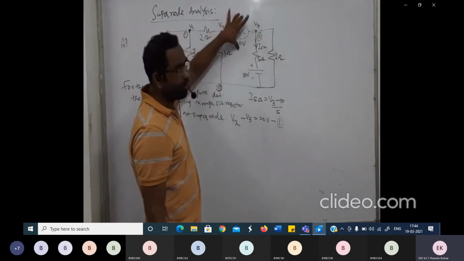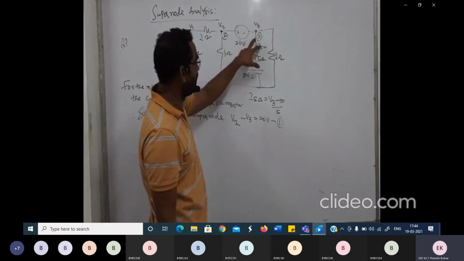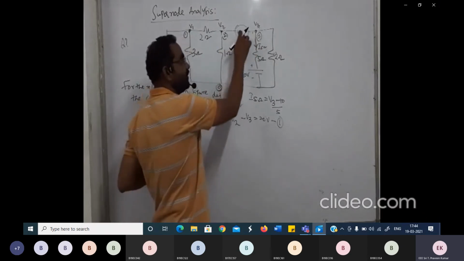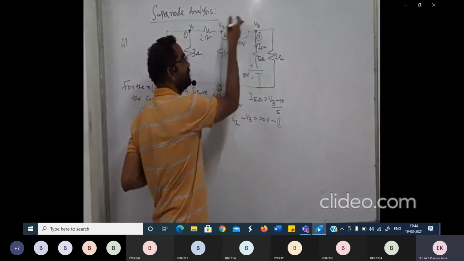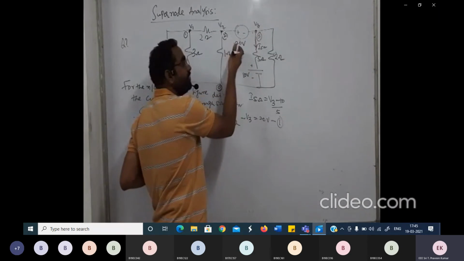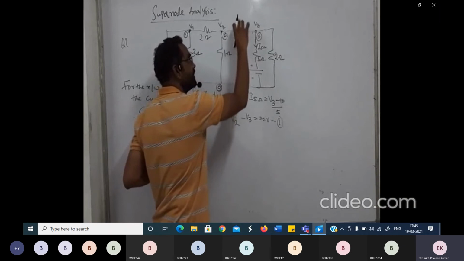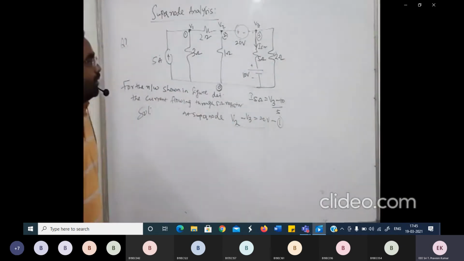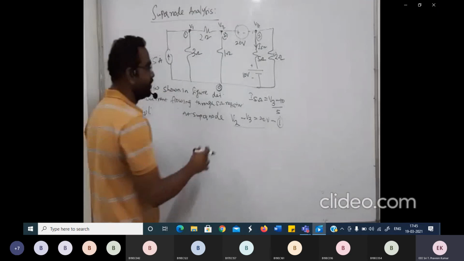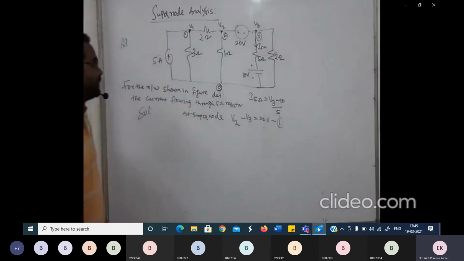Because you have an ideal voltage source between two adjacent nodes, 2 and 3, I cannot say what is the current flowing through this, because if R is equal to 0, V2 minus V3 divided by 0 is infinity, and I cannot say infinite current. So I will take the voltage equation. At the supernode, the voltage equation is V2 minus V3 equals 20 volts.